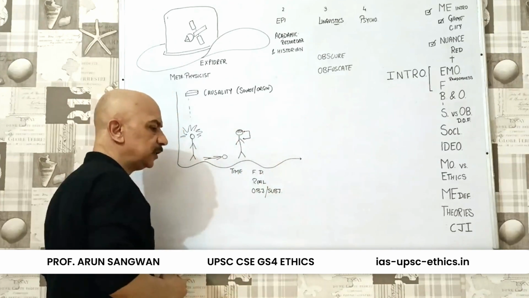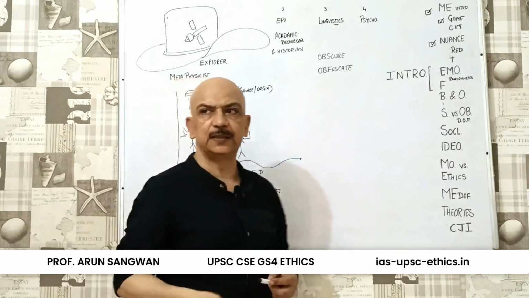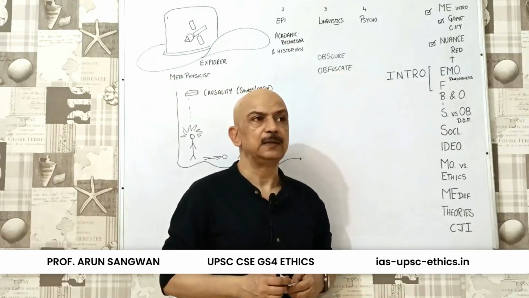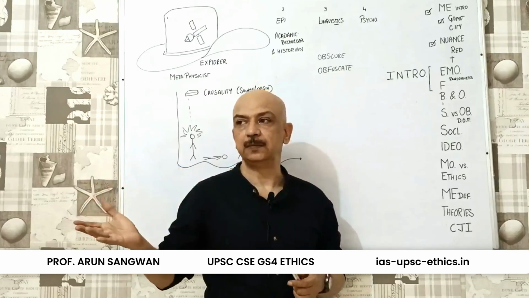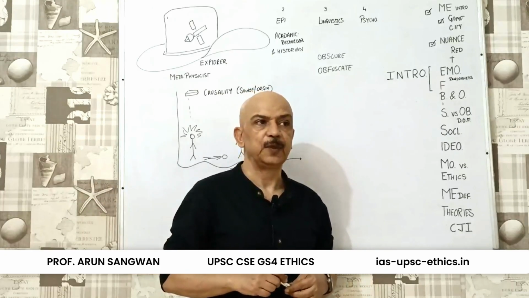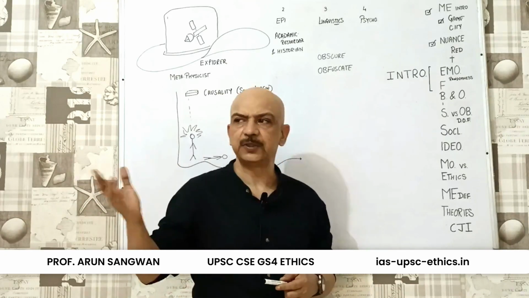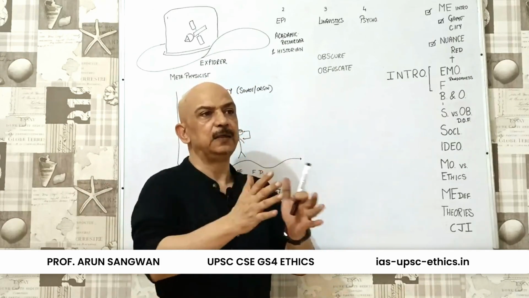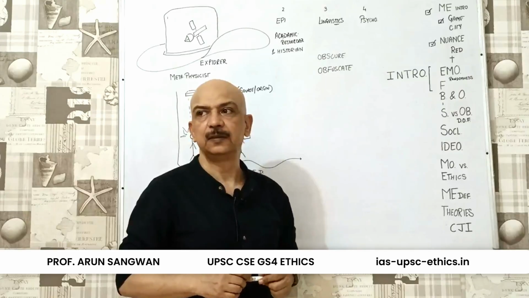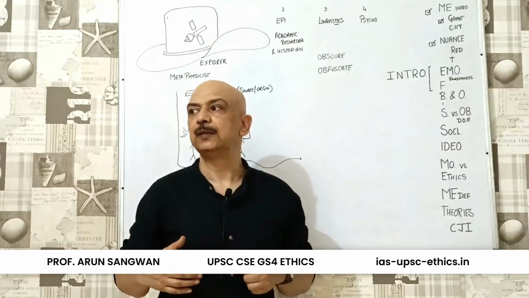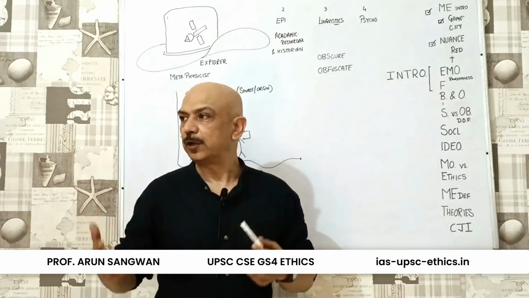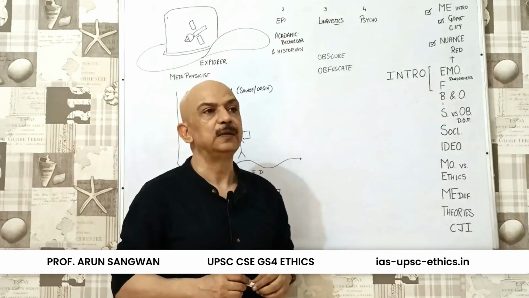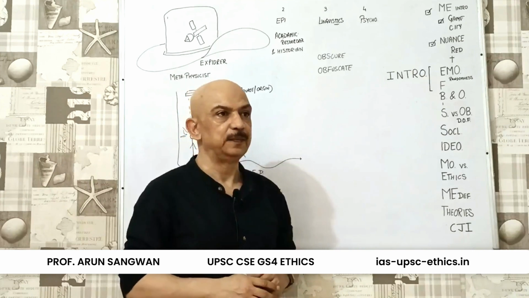Are these two different substances? Mind and body dualism. We'll know more about it when we study Plato. Or is it one substance? This approach, this doctrine, this philosophy is called materialism.